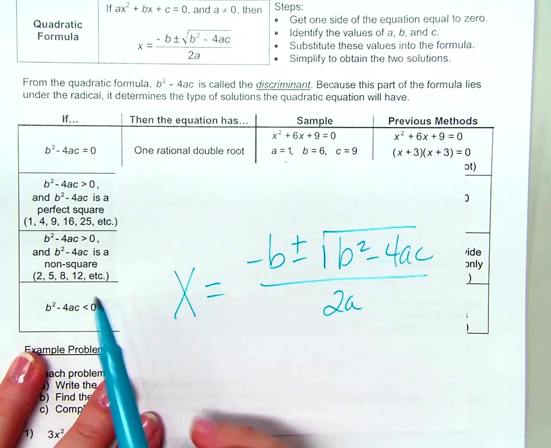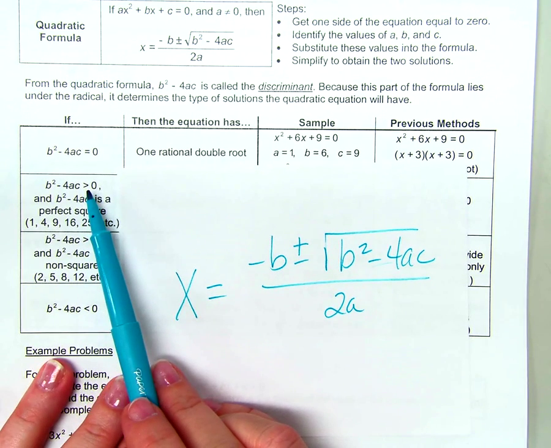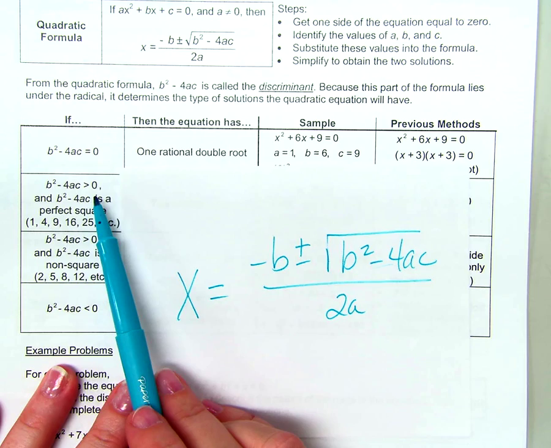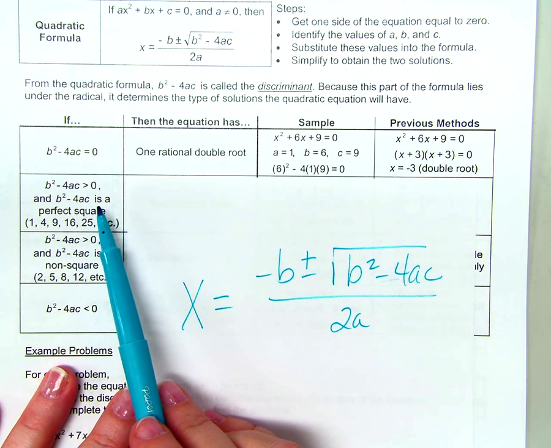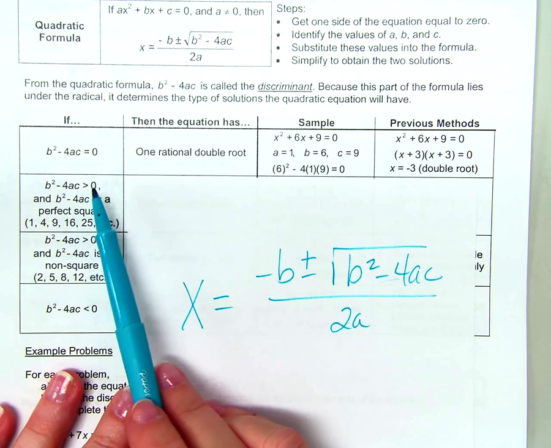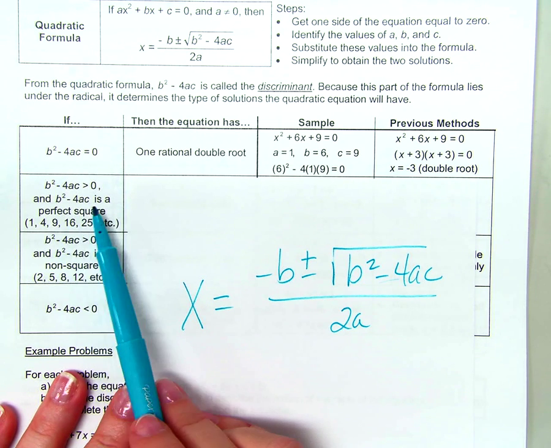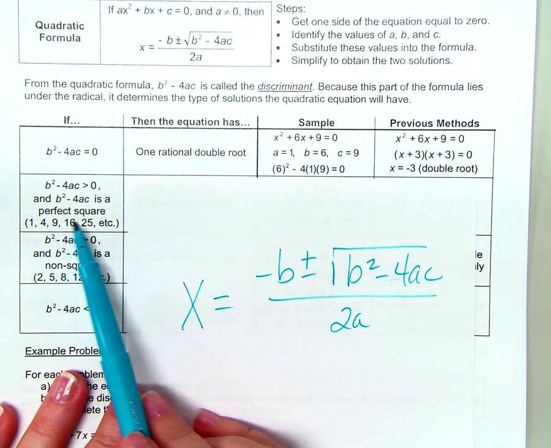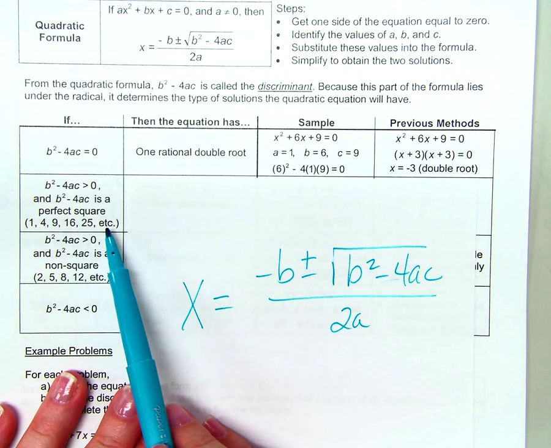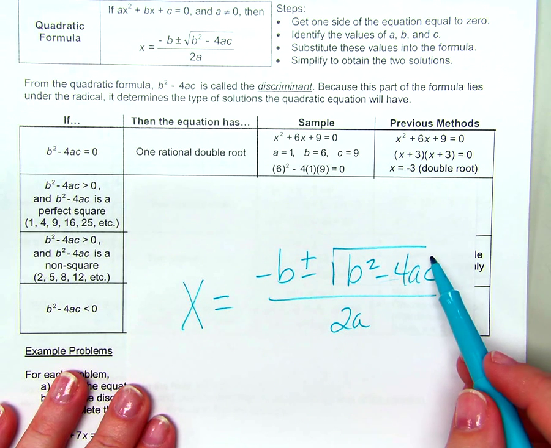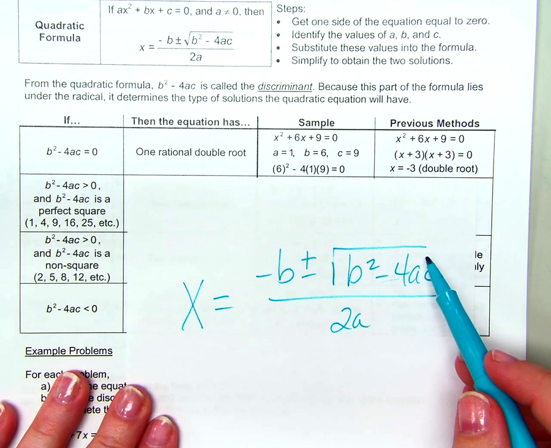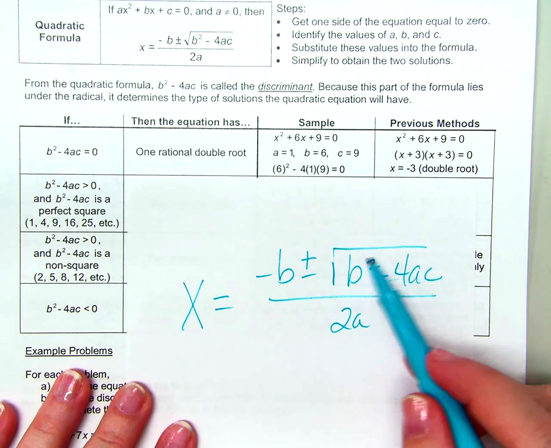When the discriminant is greater than 0, how else can I describe that? Positive. If it's greater than 0 and it's a perfect square, what's going to happen when I take the square root of a perfect square? What do I end up with?